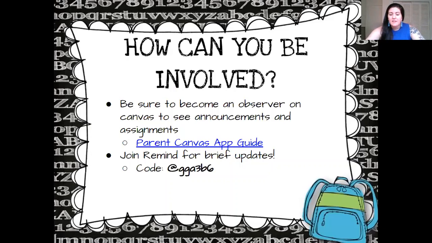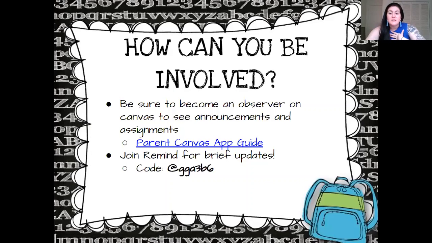This will mean that you can see everything that he or she sees. So it's super important. You can get announcements that way. You can see their assignments. If there's any important dates, they will also be on there. So getting synced up with your parent Canvas is going to be super beneficial for your child.